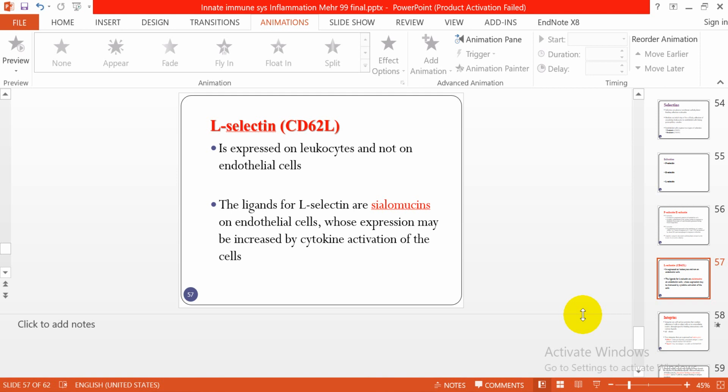The ligands for L-selectin are some kind of sialomucins which are expressed on endothelial cells. The expression of sialomucin is induced by cytokine activation of these endothelial cells.